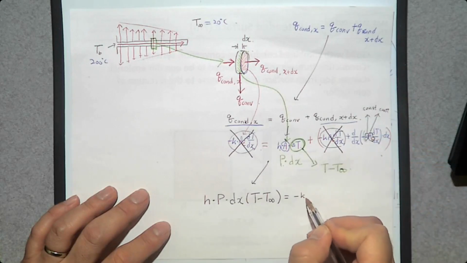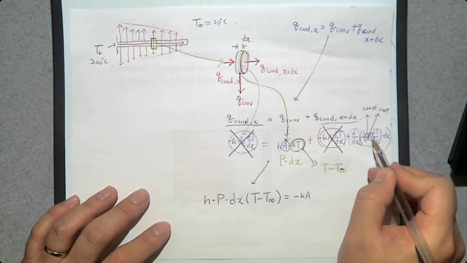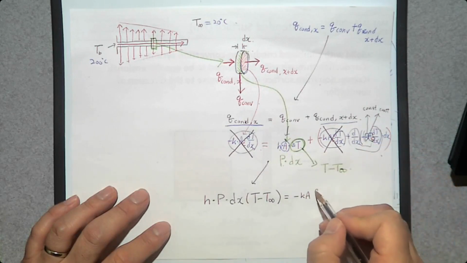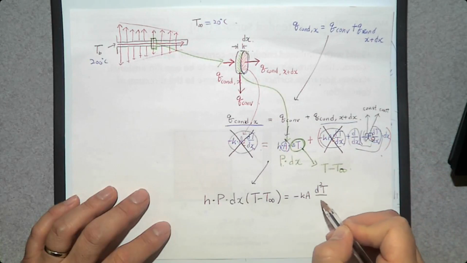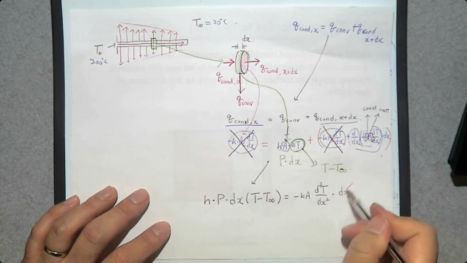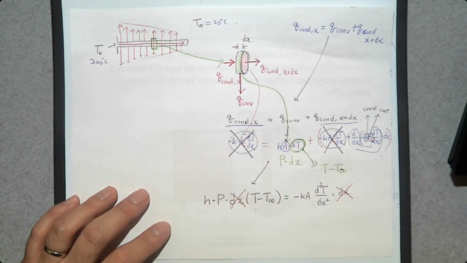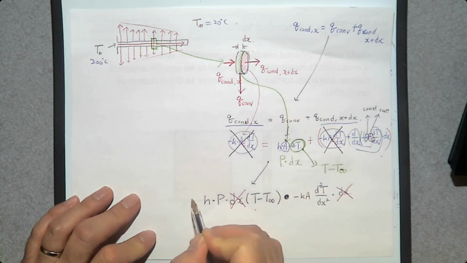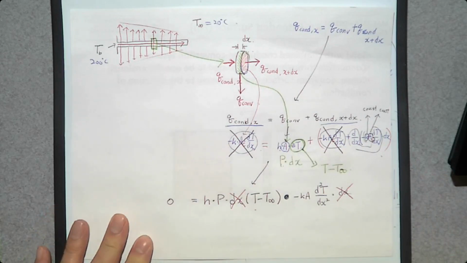So minus kA and the second order differential equation with respect to x, d squared T over dx squared, times dx. Can cross them out. Oh, my bad. So this is a negative sign. Zero is here.